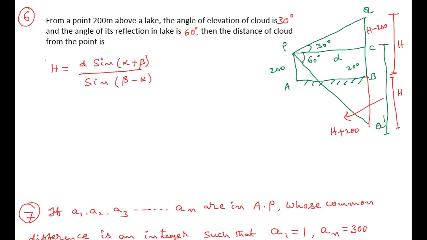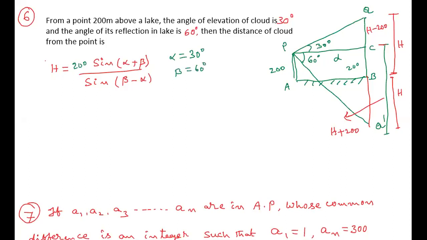D is the distance between these two. So here this is not D, it is the height of the observer. This point we will write here, that is 200. Now here alpha is 30 degrees and beta is 60 degrees.